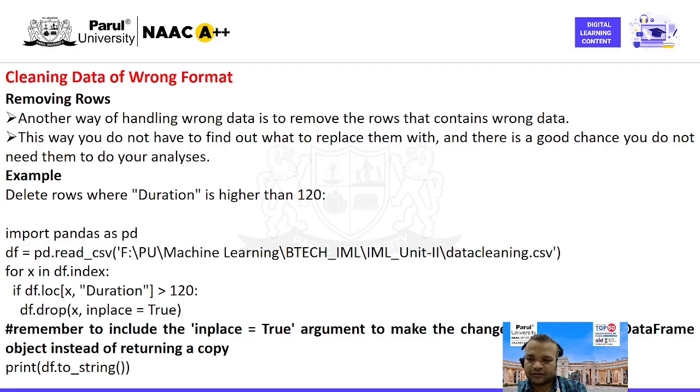If you want to delete them, you can delete them simply using the drop method, and after deleting you will get only 7 instances in your data set, so that will be too few.